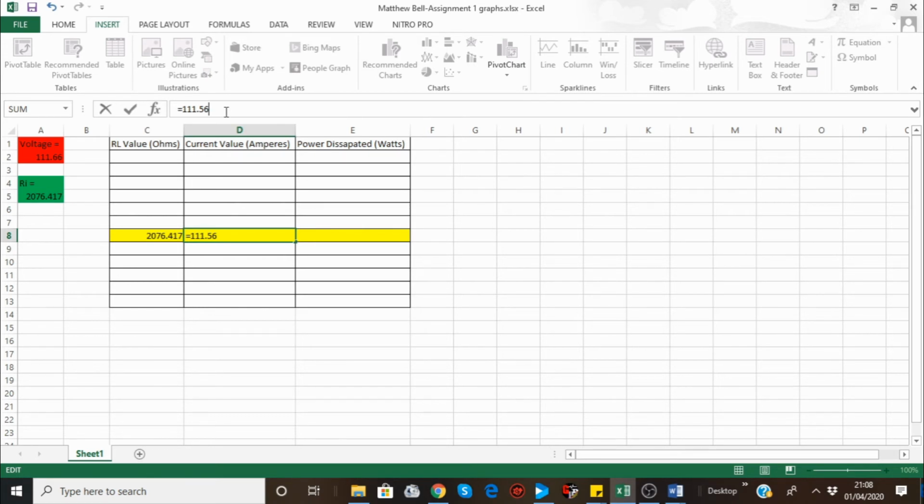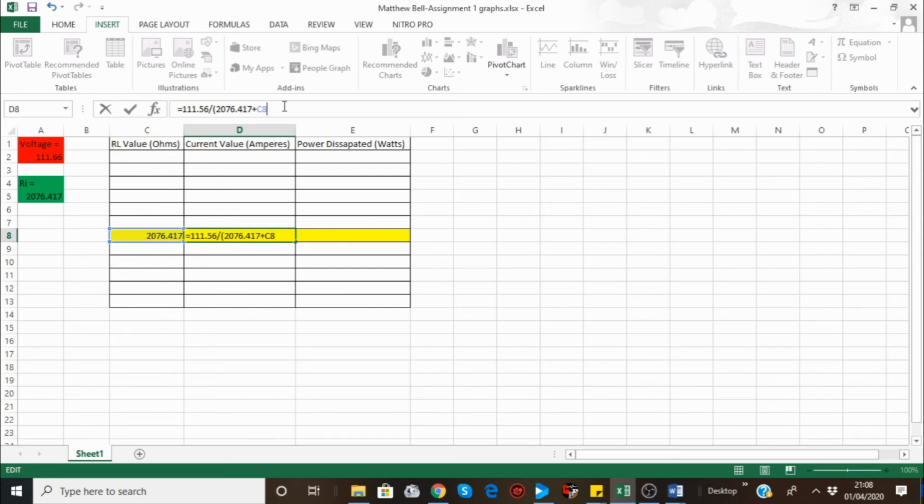So 111.56 divided by, parentheses open, RI is fixed, 2076.417 plus RL. Now, because we're going to change that RL, I'm just going to click on this, which turns out in my case to be C8, because it's column C, row 8.